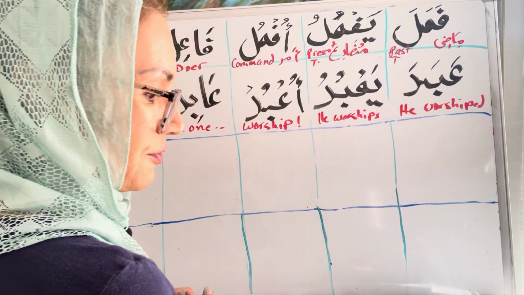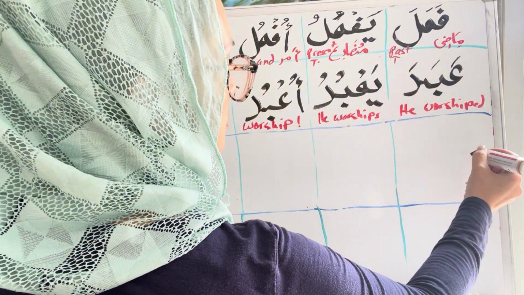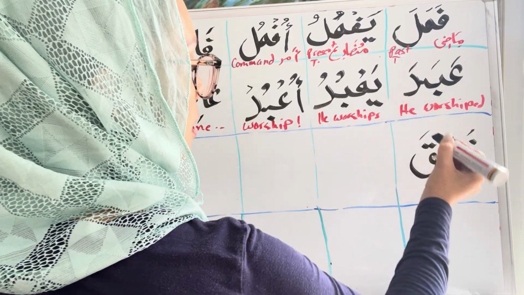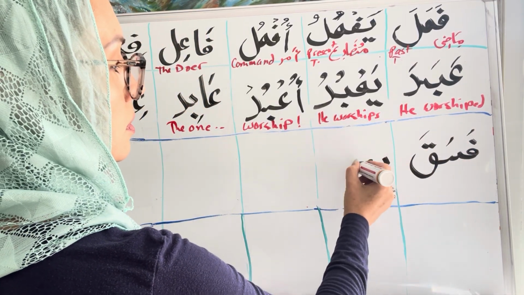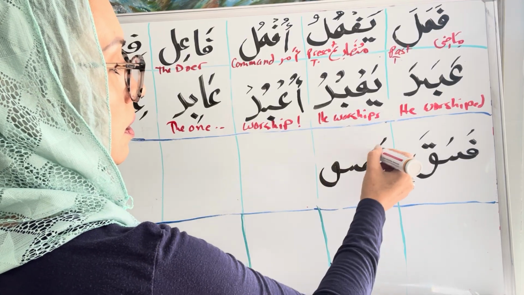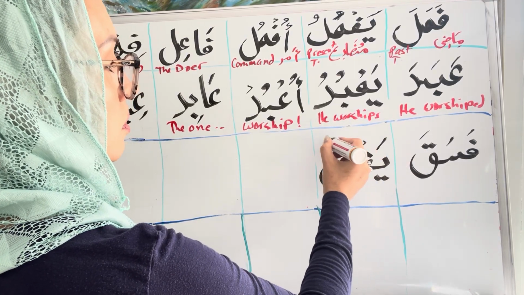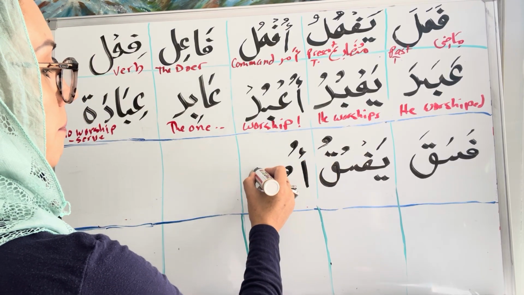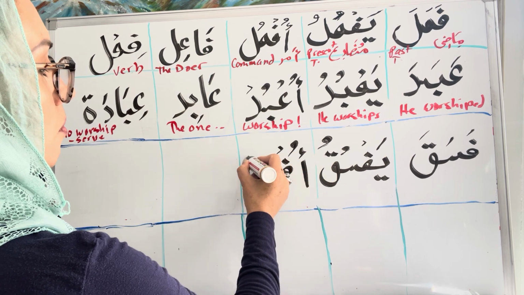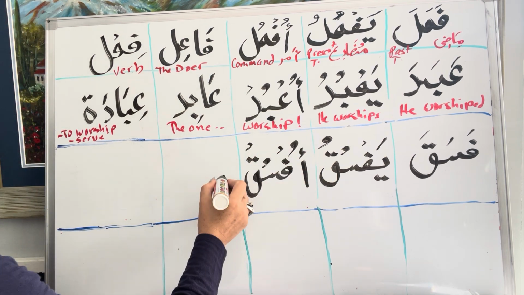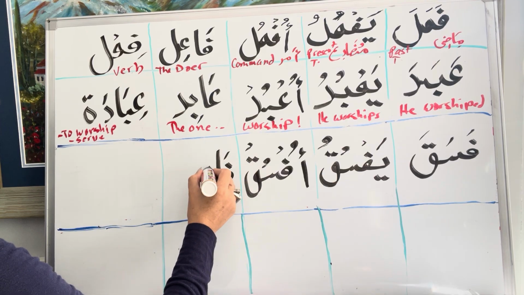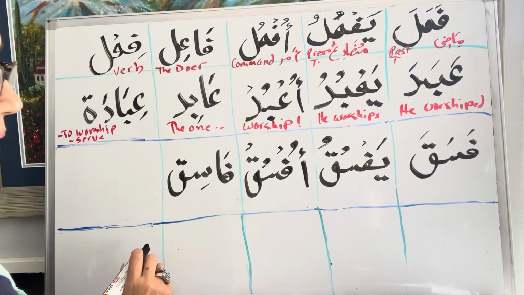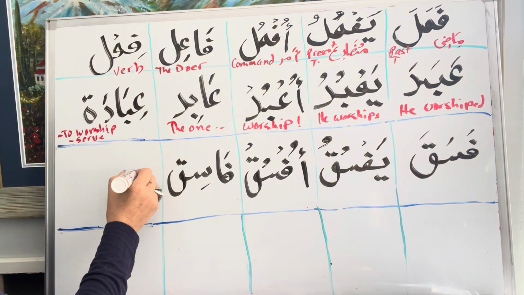Next word we have is fasaqa. Fasaqa. Yafsuqu. Ufsuq. Fasiq. And then fisq is the verb.